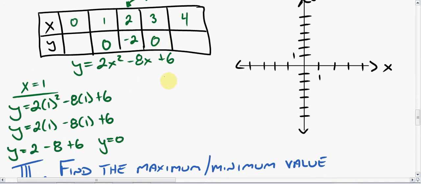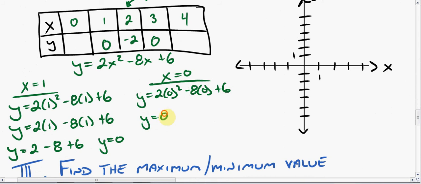Now I'll plug in x equals 0 into my equation. So I see y equals 2 times 0 squared minus 8 times 0 plus 6. Zeros are going to wipe out both terms because 0 squared is 0 and 2 times 0 is still 0.